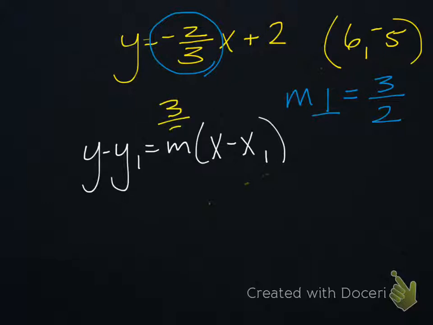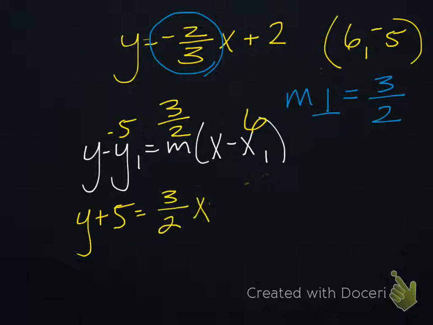That would go here. And then we plug in the xy pairing, which is a 6 back here and a -5 up here. And then we evaluate and we get y plus 5 equals 3/2 x minus 9.